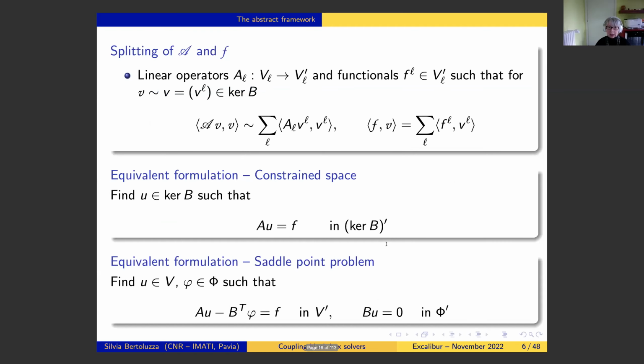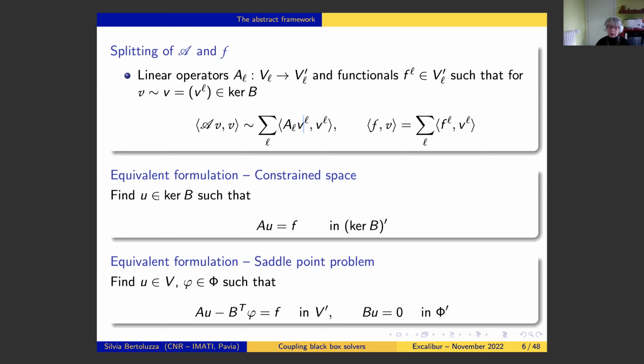Okay, and then you are able to split. You assume you are able to split the operator A as the sum of the contributions of linear operators AL on the spaces BL, and the same for the right-hand side. In this way, you can write down an equivalent formulation in constraint form.